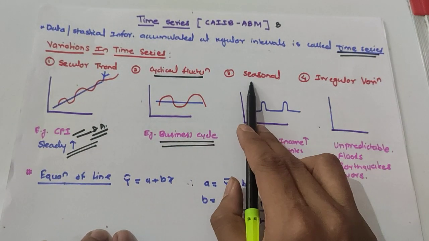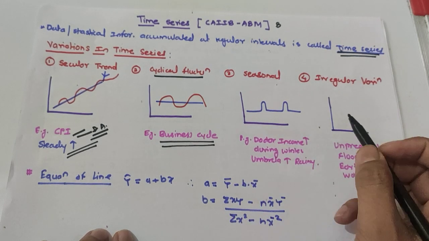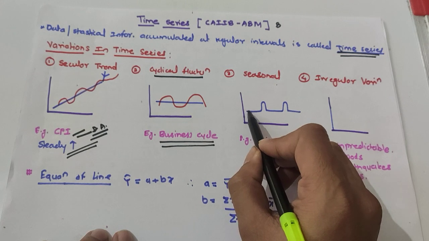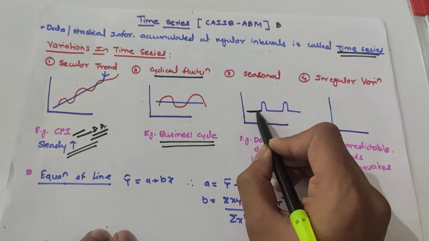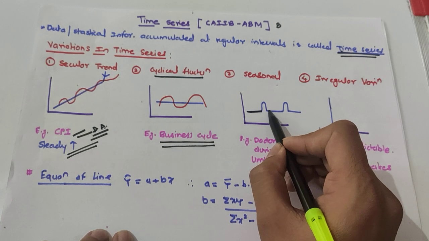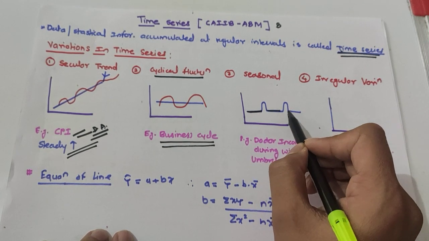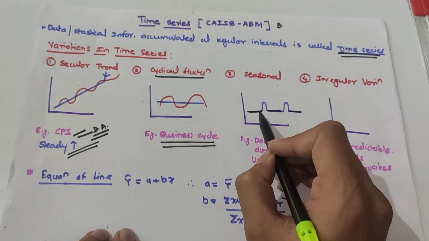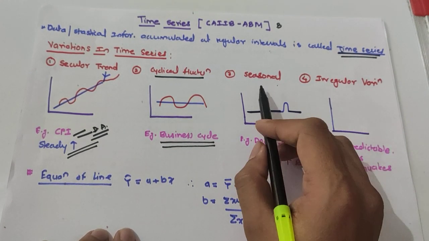Now see, seasonal. What are the seasonal variations? See, many times value or data is same for certain period, but for certain period it suddenly hikes, right? Again it becomes steady, and for certain period it becomes a surge. So that type of fluctuation is called the seasonal fluctuation.